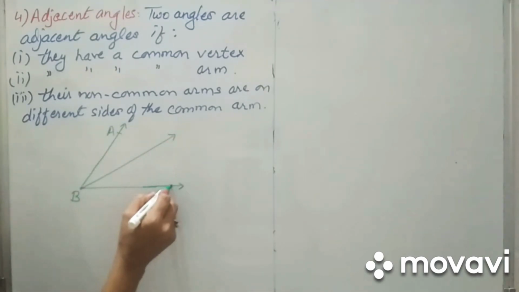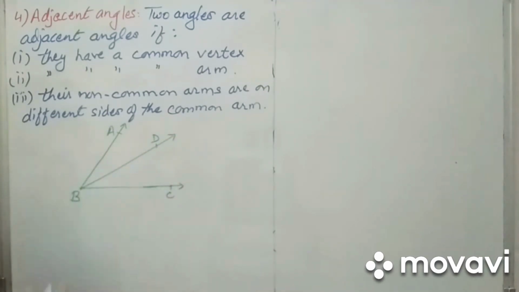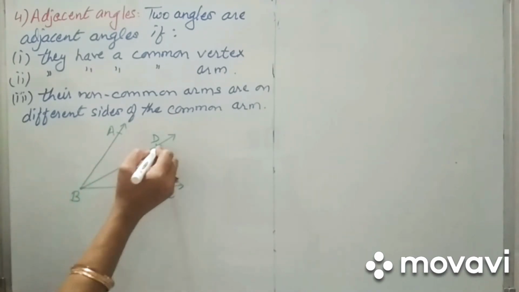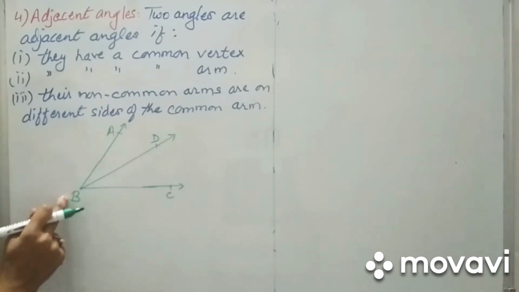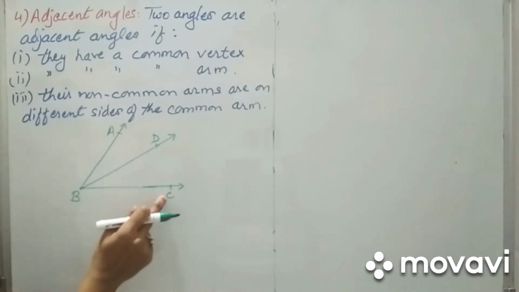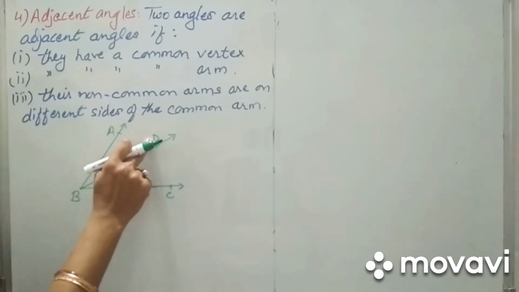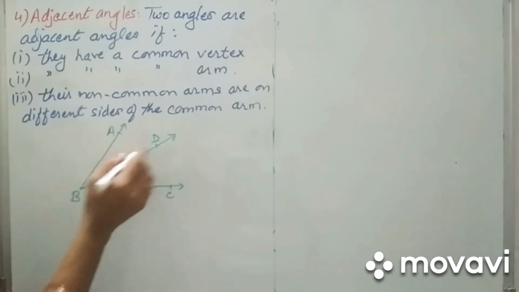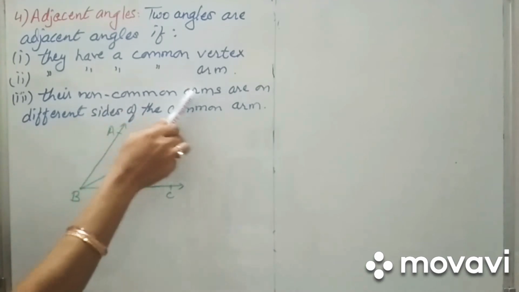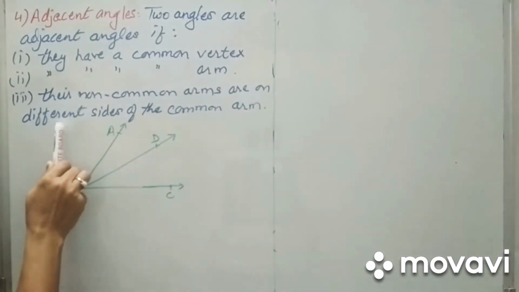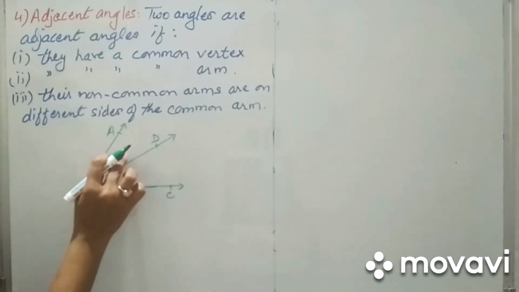Now let us label it, name it. BD is my common arm for the angle ABD and CBD. These two angles have BD as a common arm. Their non-common arms are on different sides of the common arm.